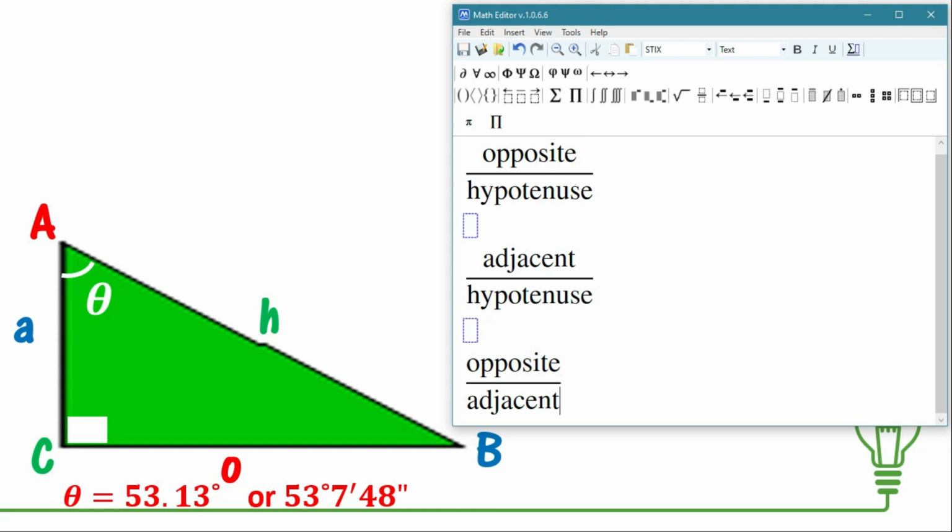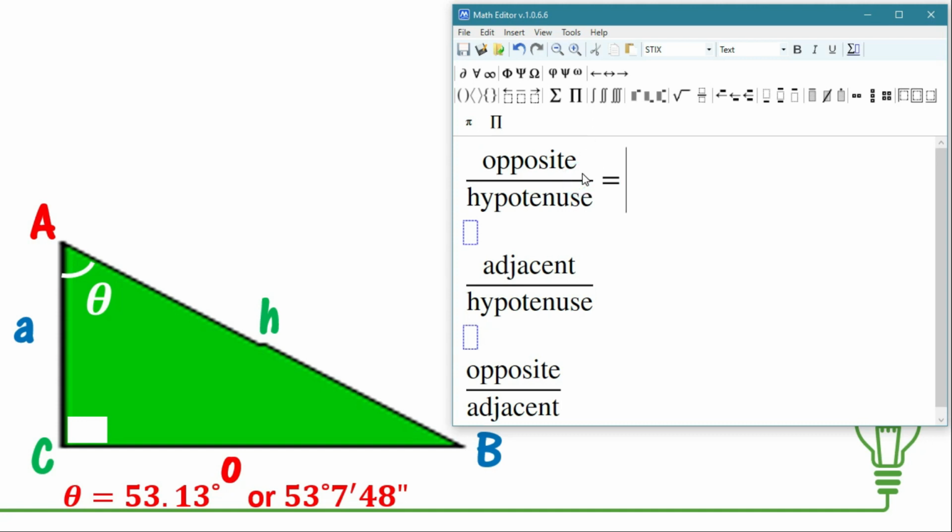The first three trigonometric functions that we'll be dealing with: the first one, opposite over hypotenuse, is what we so-called the sine function. This will be read as sine, though it is abbreviated as SIN. The second function would be cosine, abbreviated as cos.